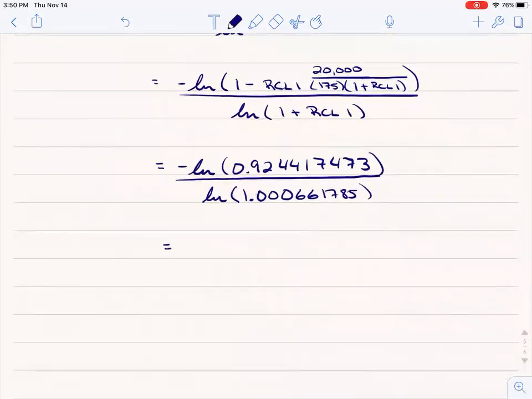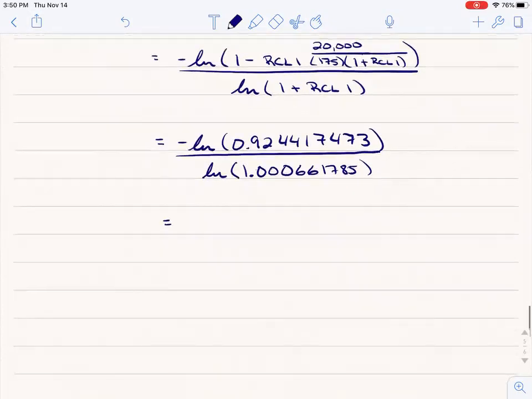Keeping 0.9244 on my screen, I can take the ln of that, and the negative of that puts me at 0.078591499. And then that's divided, and for safety's sake I'm going to store it in 2, because I don't want to have to do that again.